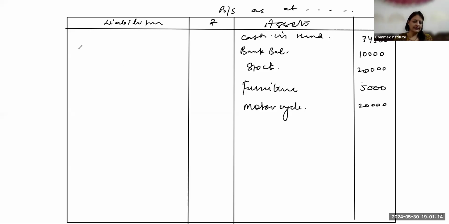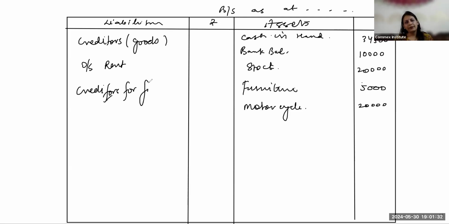On the liability side, we have got the creditors. These are the creditors for goods, of course, for the stock. And we have the outstanding rent, and we have the creditors for furniture, and we have the capital.